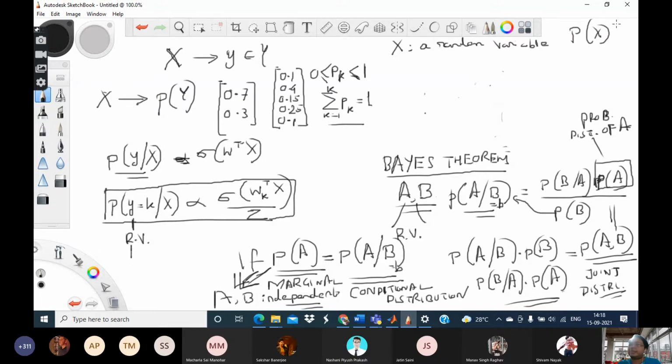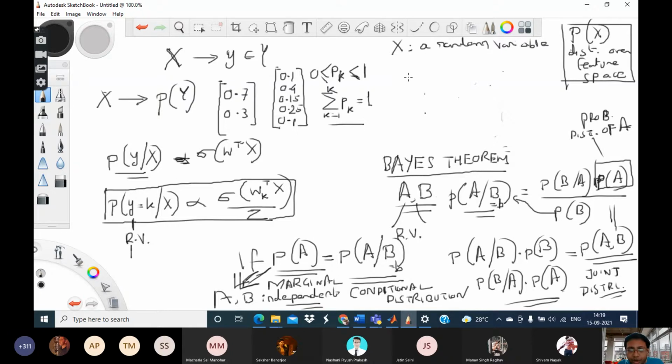This is a probability distribution over the feature space, and whatever feature vector you are observing is a realization of this random variable.